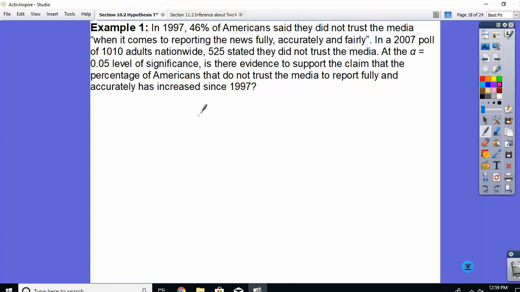Okay, we should check our criteria here, because did it tell me that this is normal? No, so let's do a quick check that n times p times 1 minus p is greater than or equal to 10. My n, how many people did we talk to? 1010. The p is the assumption, what we started with. So we are talking about the original, so the 0.46.